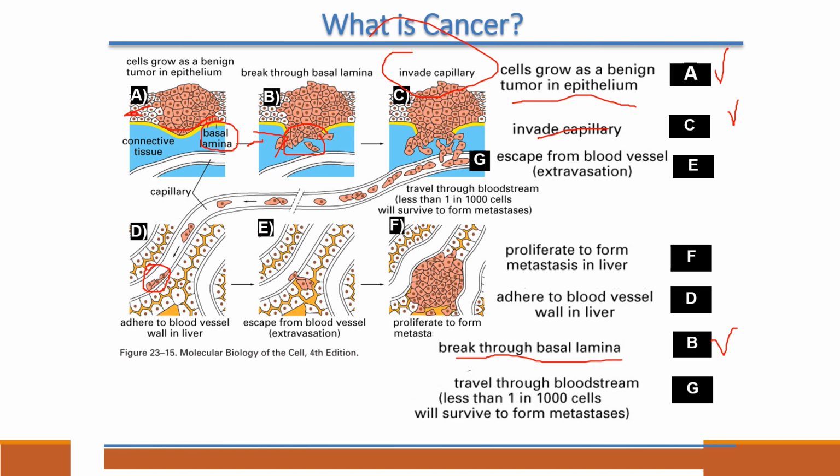In this case, this is when they adhere to the blood vessel wall in the liver. They are still in the blood vessels, but now they are getting ready to go outside of the blood vessels, and this is what happened here. And this is E. Escape from the blood vessel through this mechanism, the extravasation.